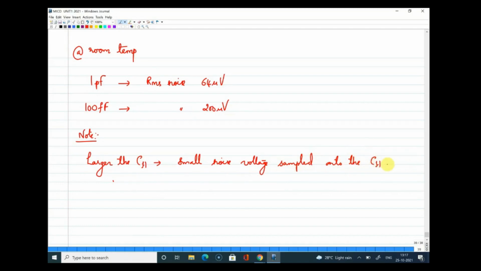Now you can clearly see that there is a trade-off. If I look for a low noise system, I should use a larger capacitance. But if I look for a high speed system, I should go ahead with a smaller capacitance, from our previous discussion. So here you can see a trade-off between high speed and low noise.